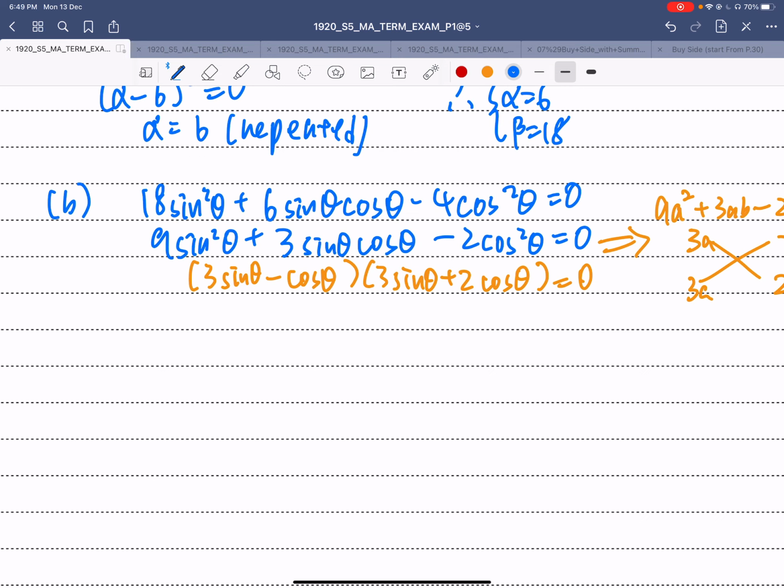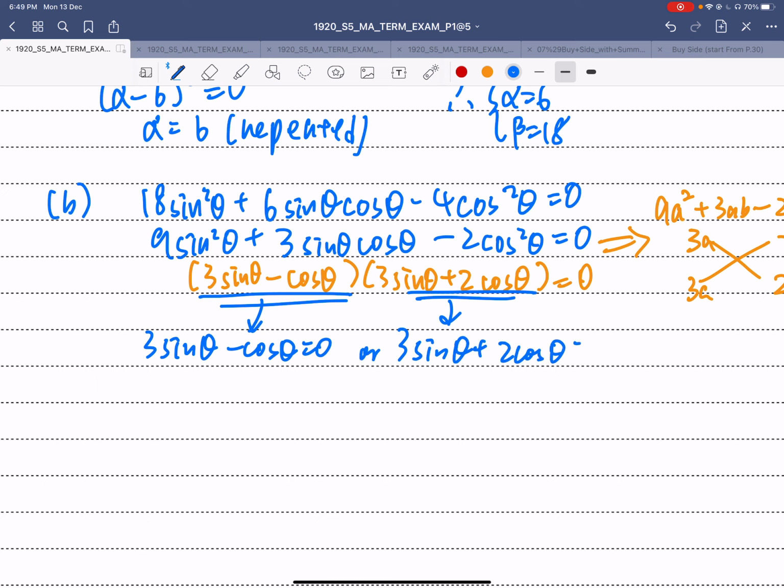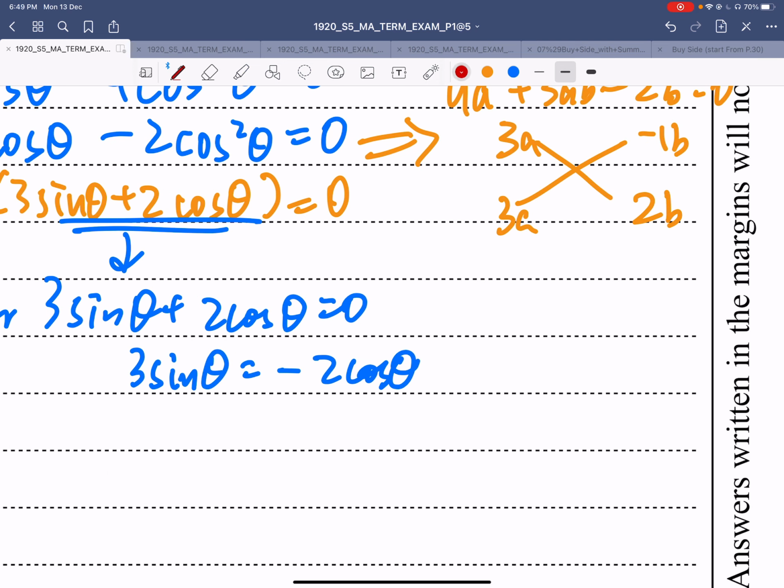Then you can separate each one. The first one: 3 sine theta minus cosine theta equals 0, or the second one: 3 sine theta plus 2 cosine theta equals 0. So 3 sine theta equals cosine theta, or 3 sine theta equals negative 2 cosine theta. How can you simplify sine theta and cosine theta? Do you remember a trigonometric identity you learned in S2?